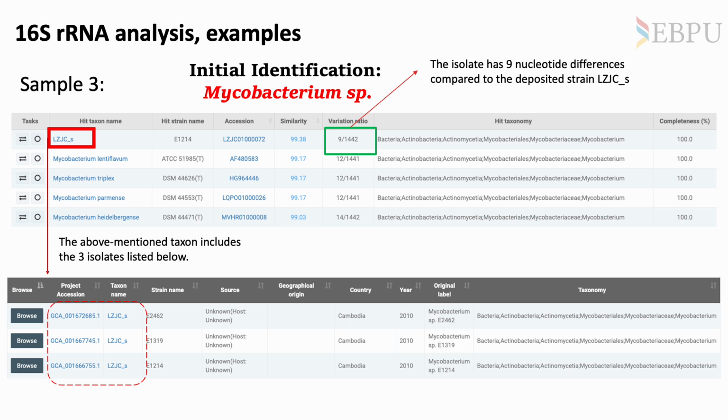Since the top hit doesn't correspond to a well-defined species, we classify this as Mycobacterium species. Interestingly, this LZJC group includes 3 deposited isolates from Cambodia, suggesting a possible novel or under-characterized species. Again, this case highlights how 16S analysis can flag potential new or unclassified taxa.